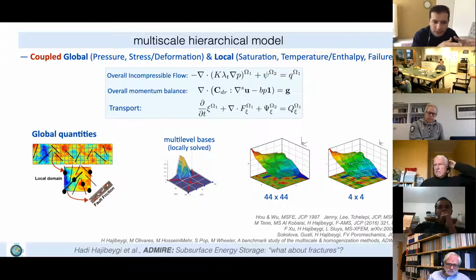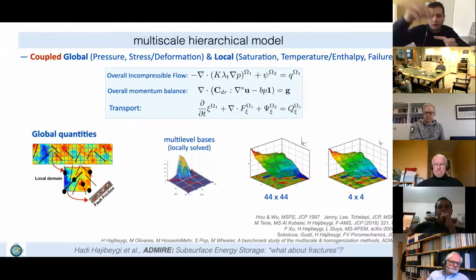The local-based multi-scale approach started in 97 by Tom Hou at Caltech in math, then Patrick, Song, and Hamdi did a finite volume version of it, and I have been extensively busy with that development for many years and extended it for more physics. The idea is that if you have pressure or displacement, which is a scalable global component, you can locally solve multi-level basis functions.